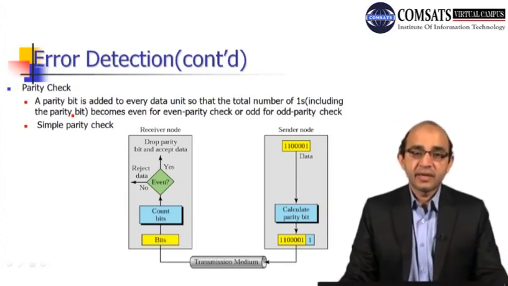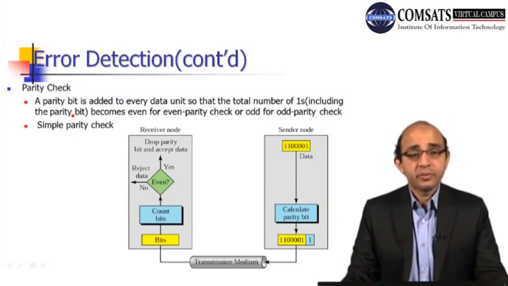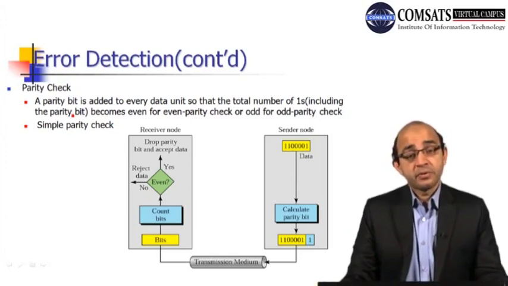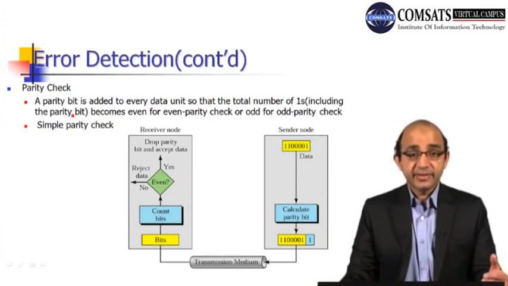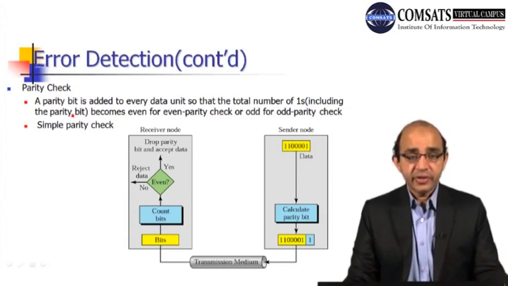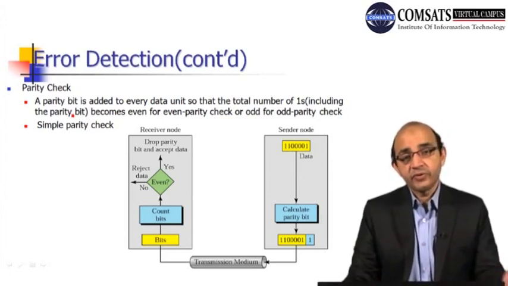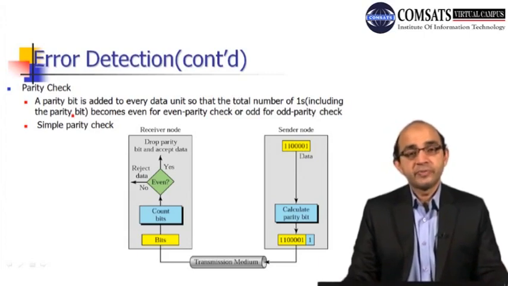Even within the computer, for example, we take the example of a motherboard. There are different parts on the motherboard. There is memory, and there is cache, and there is processor, and there are some other units that are exchanging data frequently. So in that case, from one unit to another unit, we can also use parity.